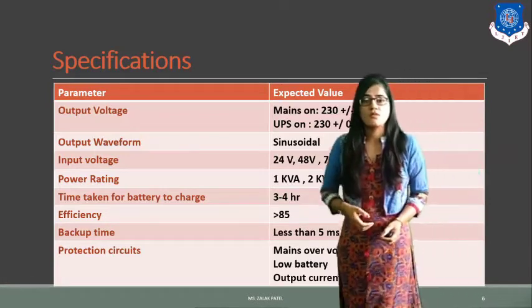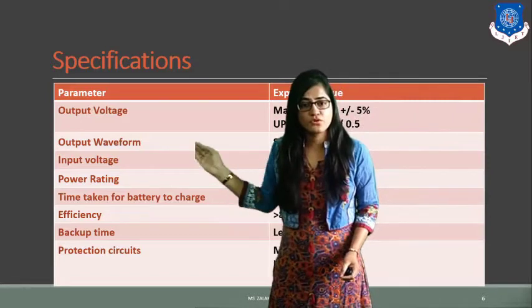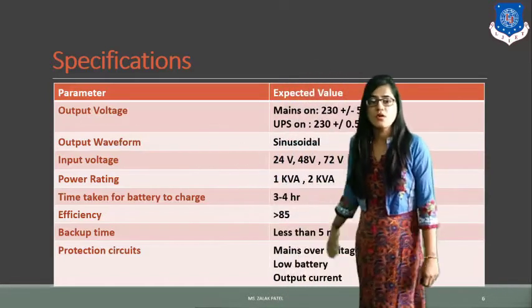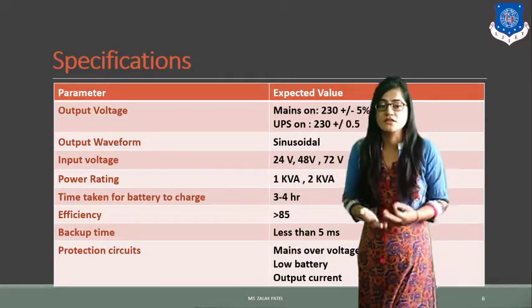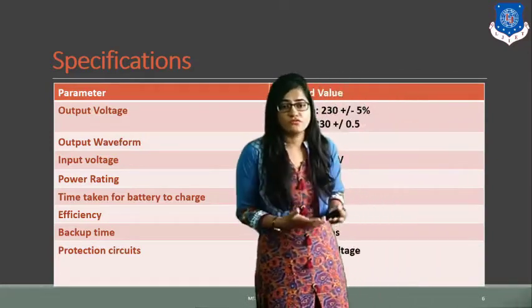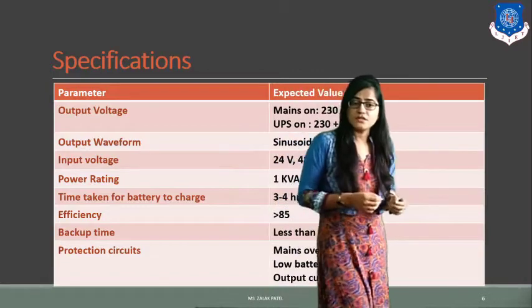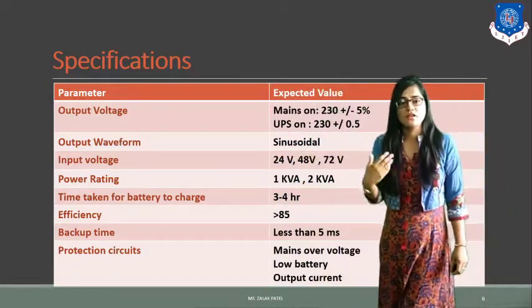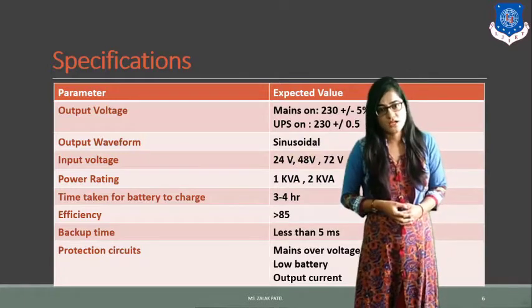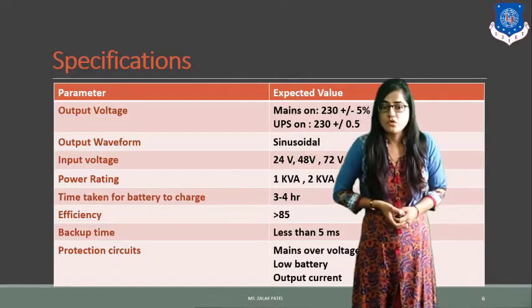Now let's talk about the output waveform. In this case, the output waveform will be sinusoidal. The input voltage has different ranges, like 24 volt, 48 volt or 72 volt. The power rating is the multiplication of voltage and current, and that's why the unit is volt ampere.